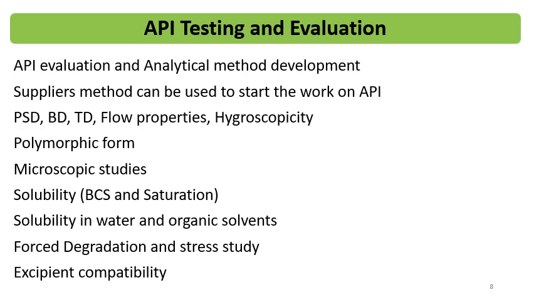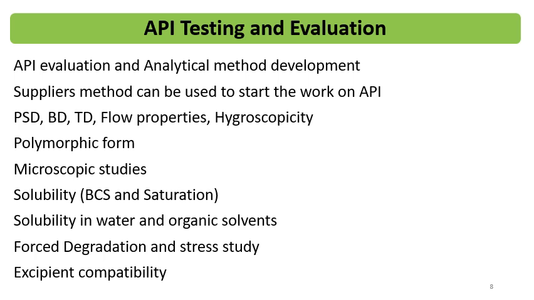Then API testing and evaluation. Now you have the test license and you have the API vendor finalized, you have selected the API vendor, and now that API has reached your site. Now API evaluation and analytical method development is required to be started. The supplier's method can be used for this purpose as a starting point.